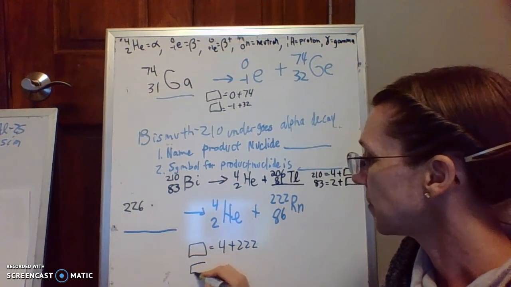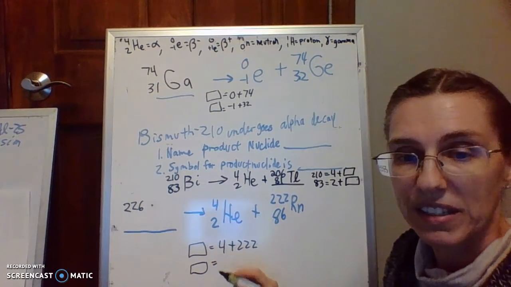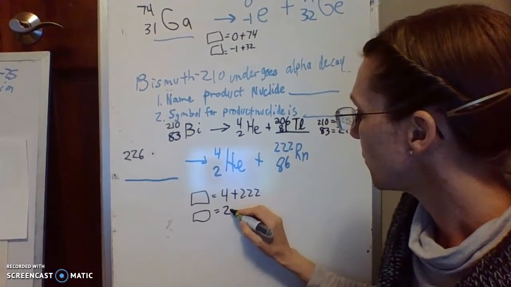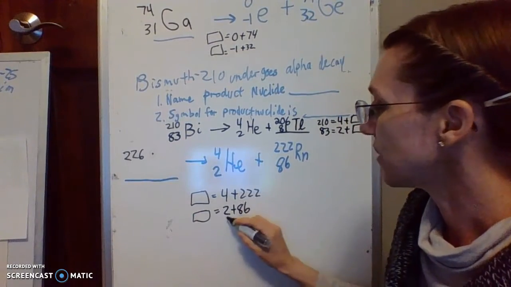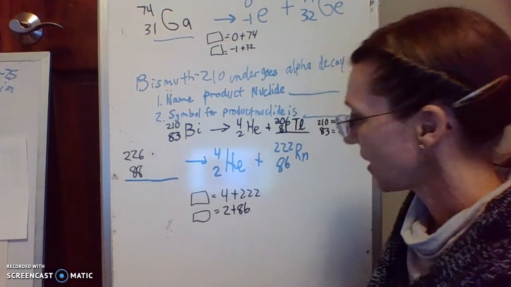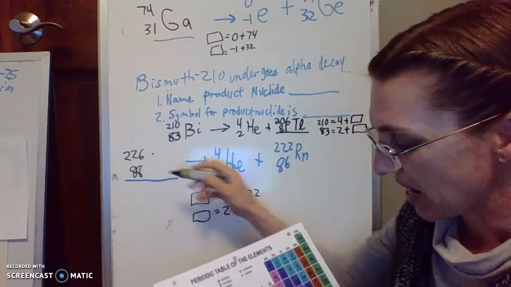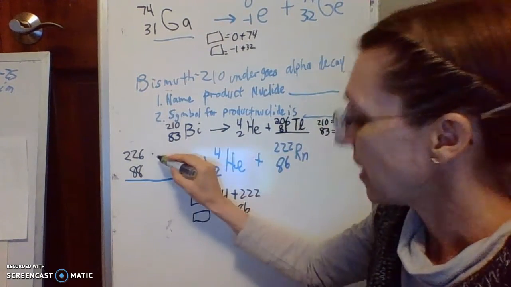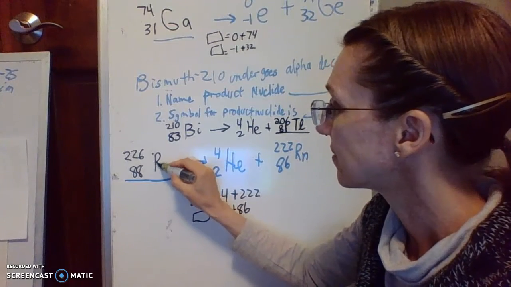And on the bottom, our number is going to equal 2 plus our 86. You add them together, and we get 88. Go ahead and look up our 88 in our periodic table, and we see that it's over here. It's Ra. Okay.